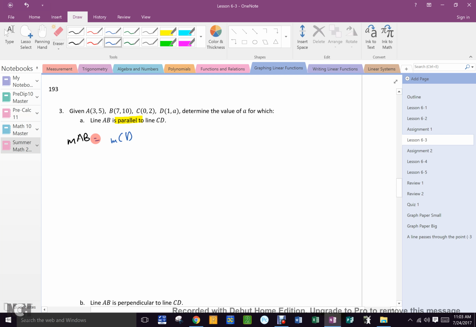They would have to be equal, wouldn't they? Okay, how do I find the slope of AB? 10 minus 5 over 7 minus 3. And if they're parallel, that would have to equal what is the slope of CD?